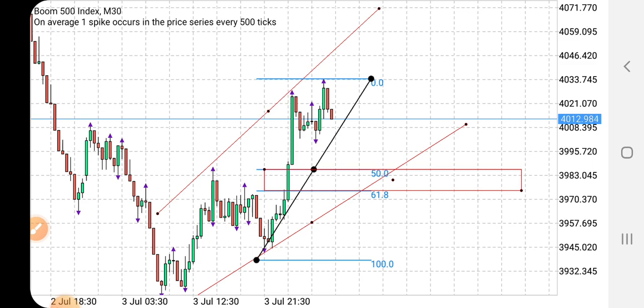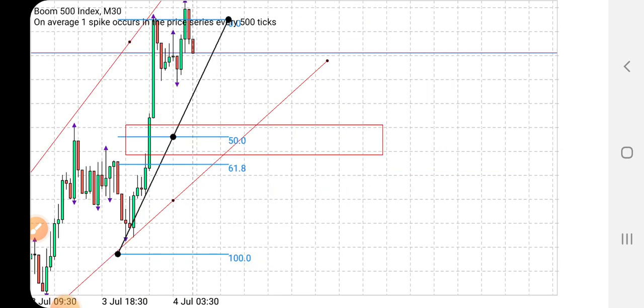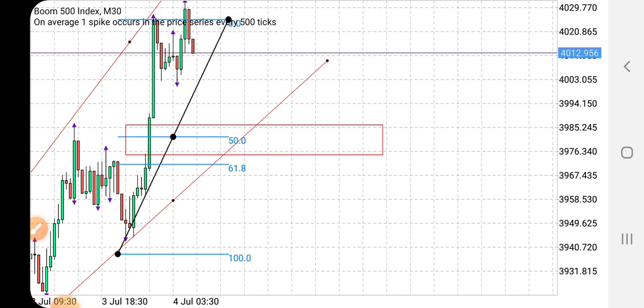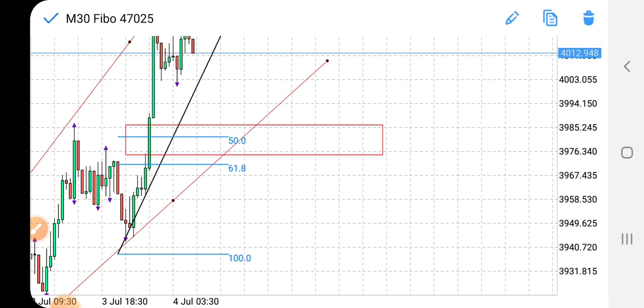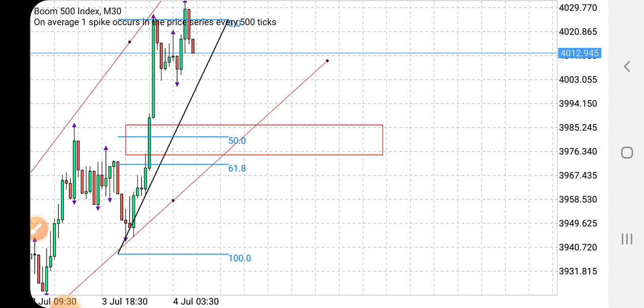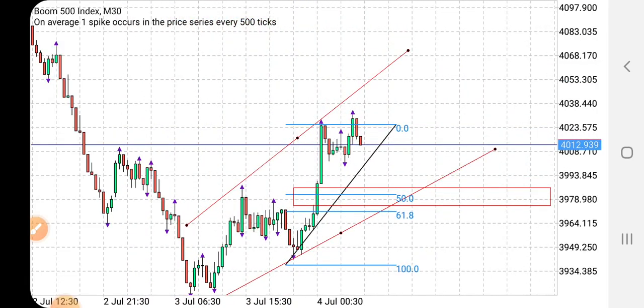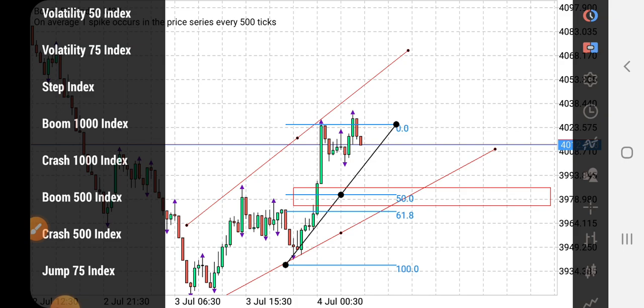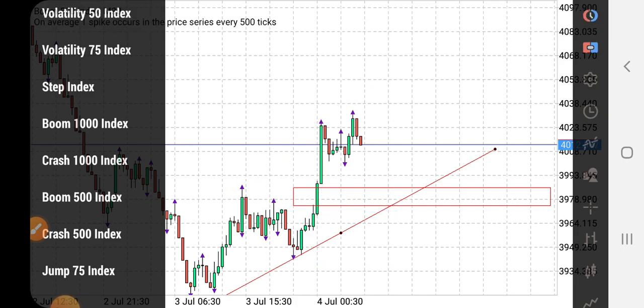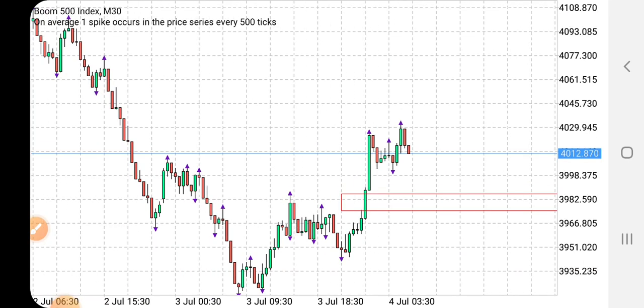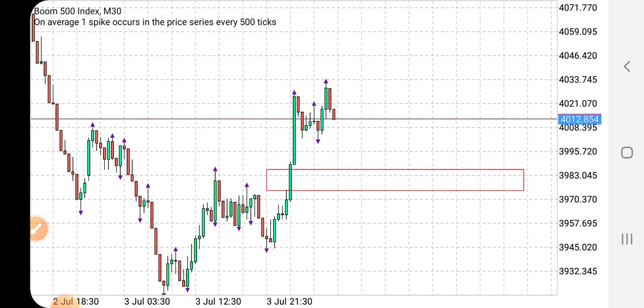Once you mark out this level, you can simply delete the Fibonacci. Let me make sure I'm deleting the right one. Delete this. You can even delete the trend line. You delete this one. So you have your area of concentration.